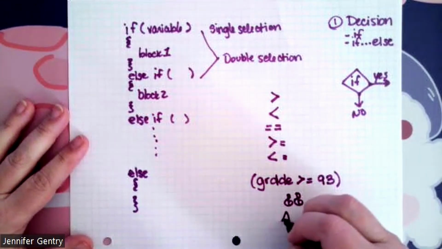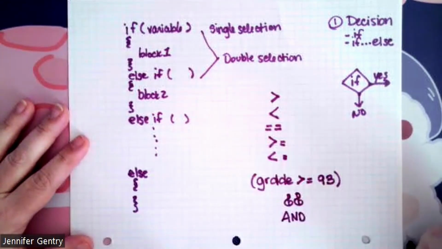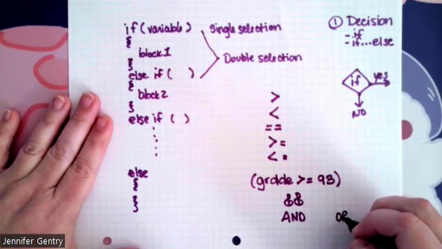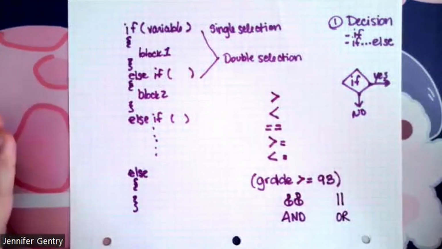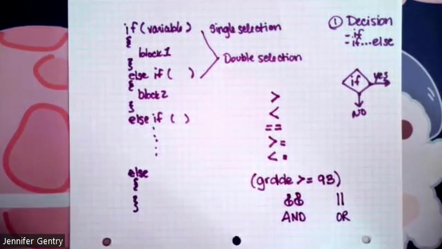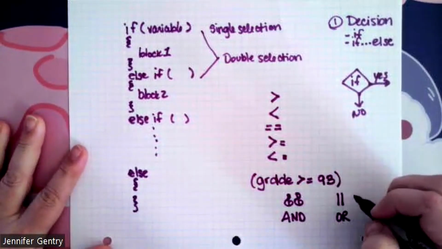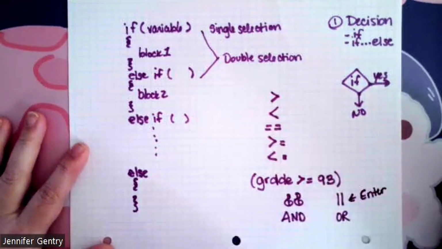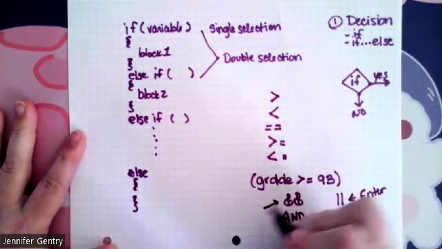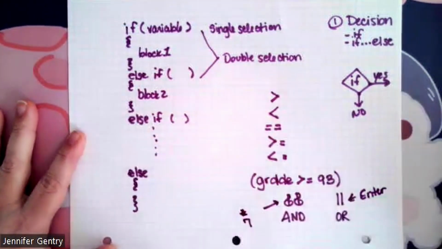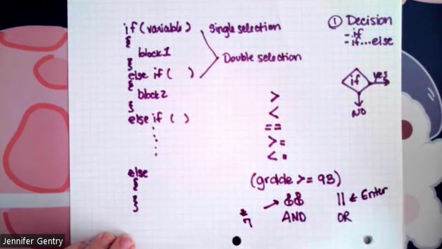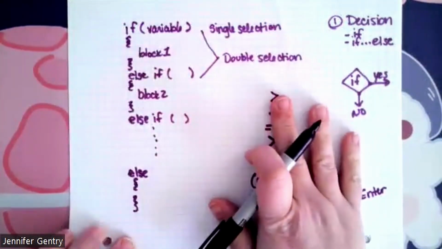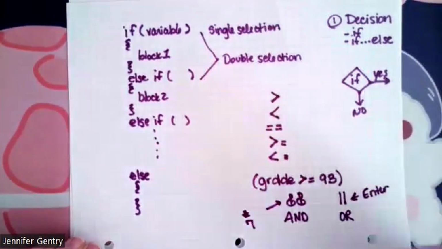And that's our and. And then we also have an or. The or is two straight lines. Okay, this straight line is above your enter key. And the ampersand is above the number 7. Okay, that's all we have for decision making.